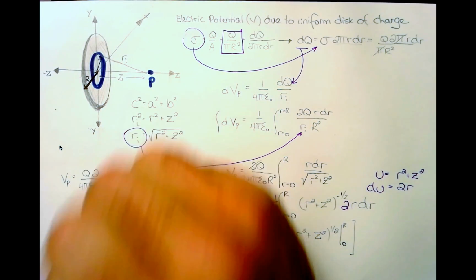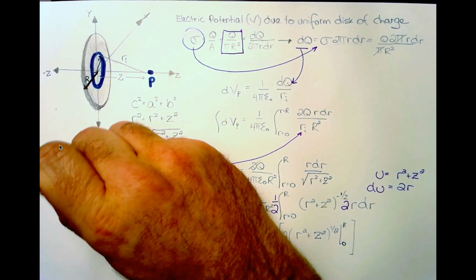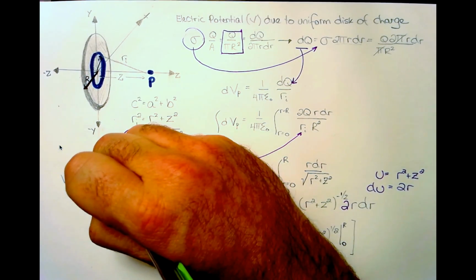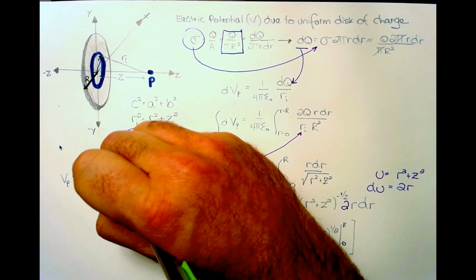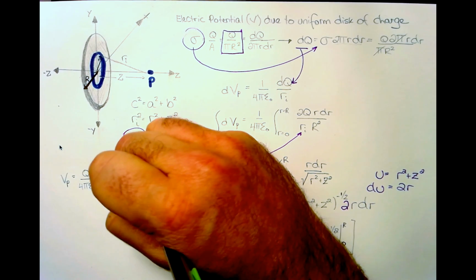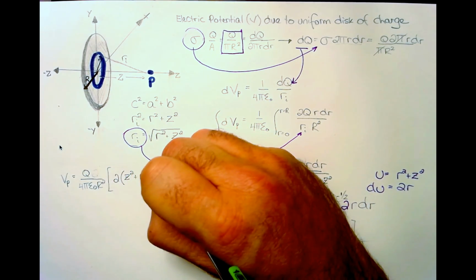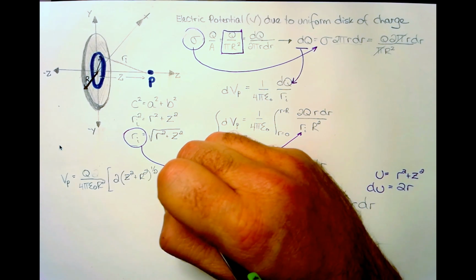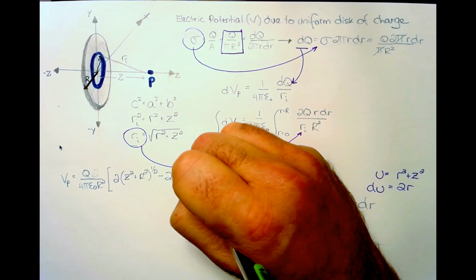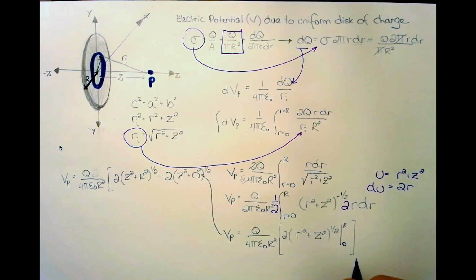Actually, let me factor out the 2 in the next step so it's a little bit more clear what I did. This becomes 2 times (z squared plus R squared) to the 1/2 minus 2 times (z squared plus 0 squared) to the 1/2. Now that's just z squared to the 1/2, or z.